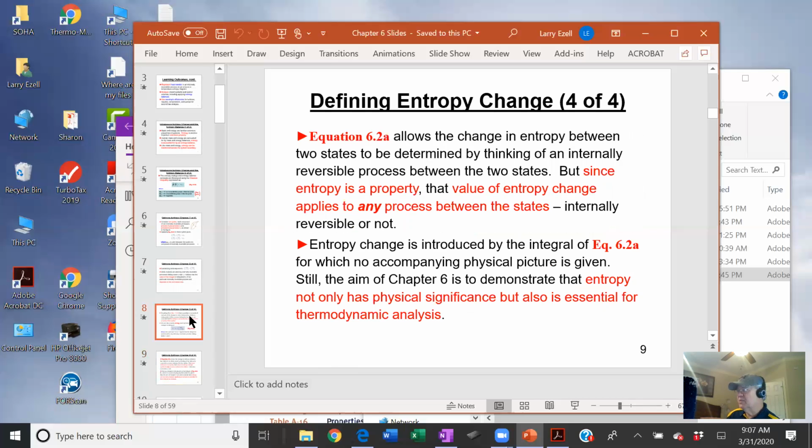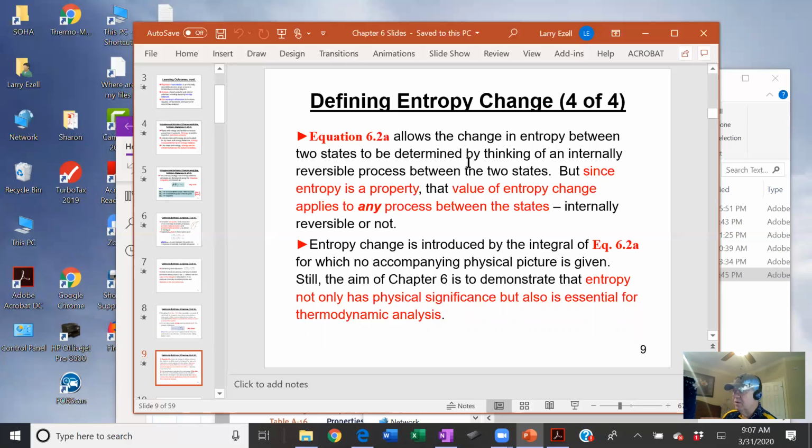So equation 6a, that's what we were looking at, right? It states that equation 6a allows the change in entropy between two states to be determined by thinking of an internally reversible process between two states. But since entropy is a property, that value of entropy change applies to any process between those two states, internally reversible or not.